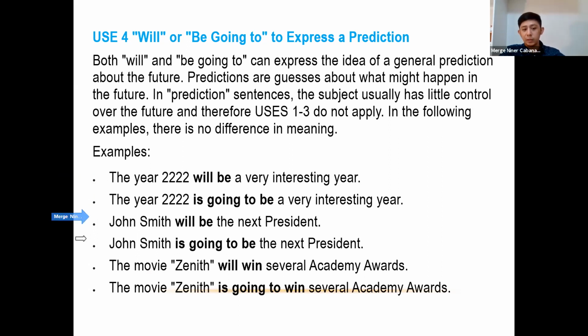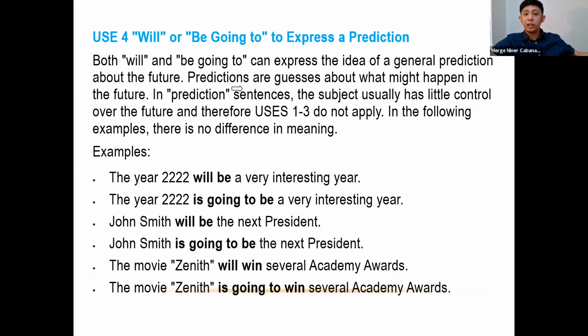"John Smith will be the next president." "John Smith is going to be the next president." "The movie Zenith will win several Academy Awards." "The movie Zenith is going to win several Academy Awards." Those two are not that different from one another.